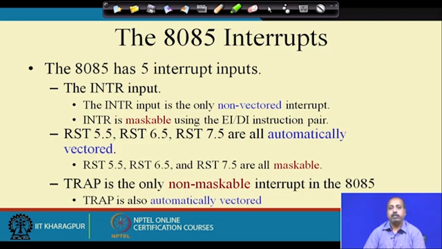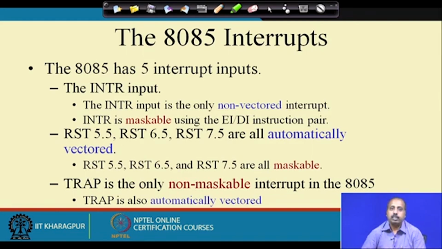A device connected to the INTR line may send an interrupt to the processor, and since it is non-vectored, the processor goes to a particular execution cycle where it expects the device to provide the ISR address. After getting that address, the processor goes to that ISR.